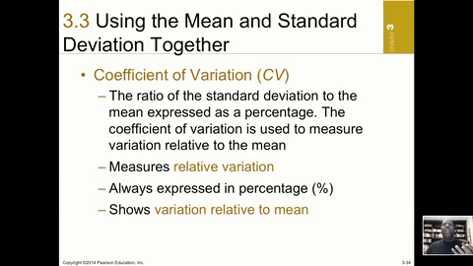So if we just compared the standard deviations or the variances of those two distributions, the standard deviation of the price of a car is in thousands, and the standard deviation of the price of a pound of fish is in a few dollars, right?